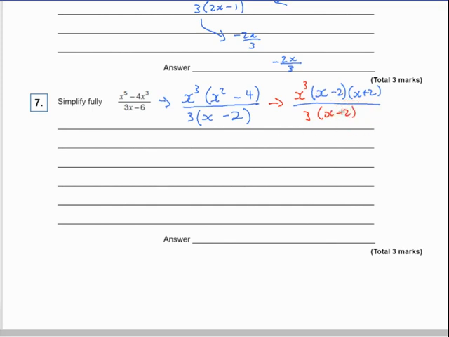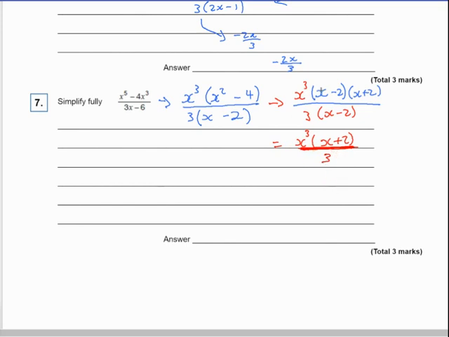But then we have x minus 2's that cancel. So that leaves me with x cubed times x plus 2 all over 3.